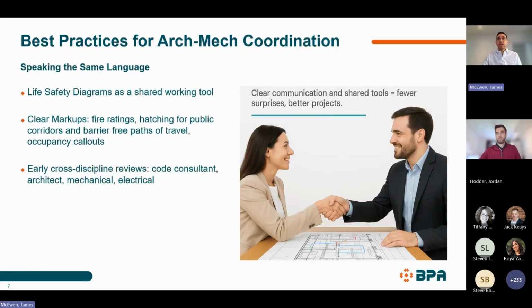Our thought process is that the best way for that information to be communicated to us and to use as a tool is the fire life safety drawings. It's the most obvious place for that to go, to not only show on those plans what the ratings of the building are, but to indicate where we do have public corridors, be it with notes or maybe some kind of hatching pattern on the background of the drawings.